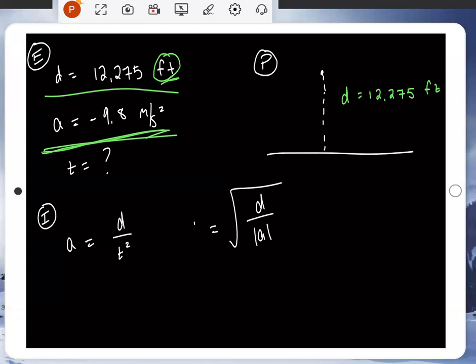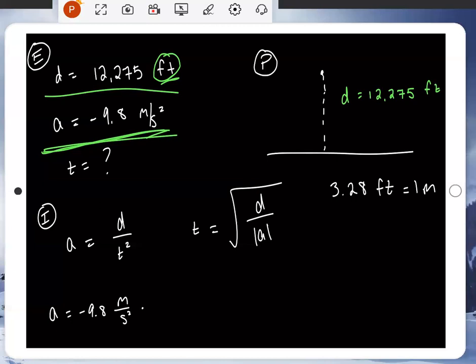Okay. So I think we know that, right? It's 3.28. Let's write it down. 3.28 feet equals 1 meter. So I believe this is what you did before. You said, okay, a is equal to 9.8 meters per second squared. And then how do I get it to feet?